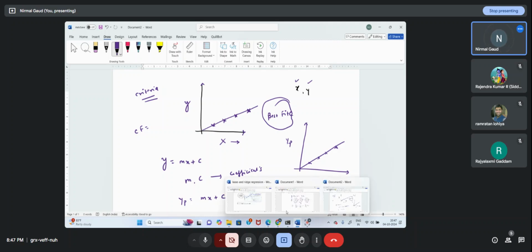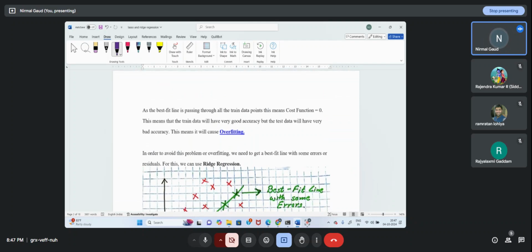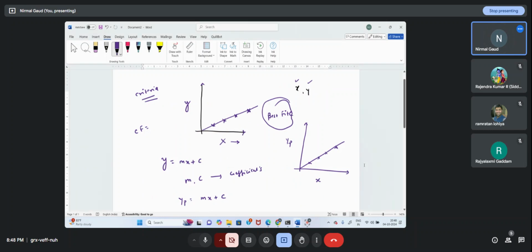However, the best fit line is a line passing through all the training data points, and the cost function is 0. That means predicted and y both are same. In the plot only I show both are same. See, they are coming over a line now.